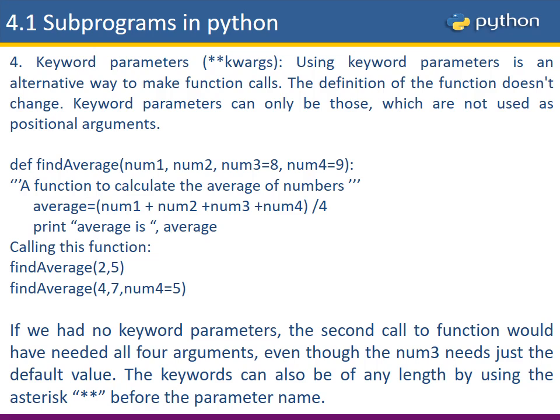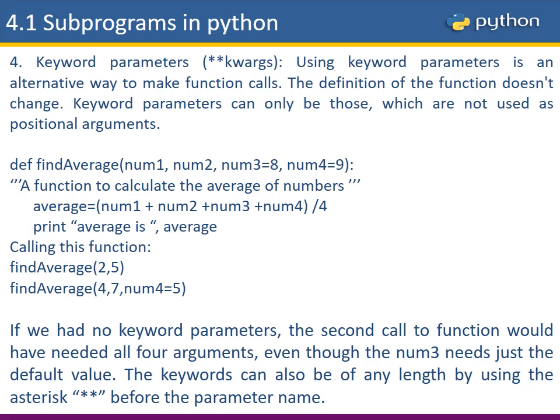That means number 3 is 8 as a default value and number 4 is changed to 5. If we had no keyword parameter, the second call to the function would have needed all 4 arguments, even though number 3 needs just the default value.